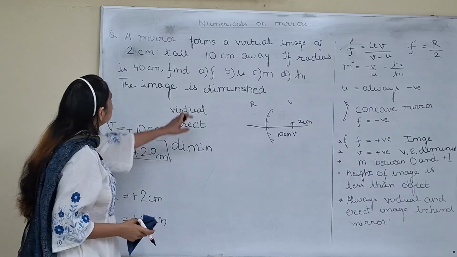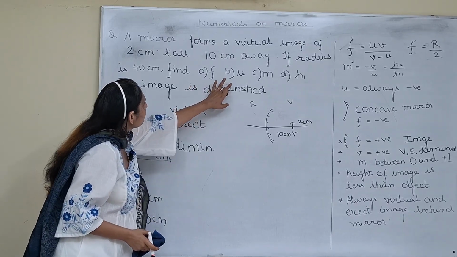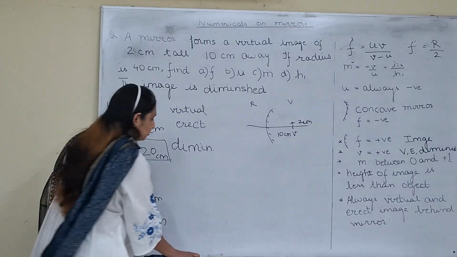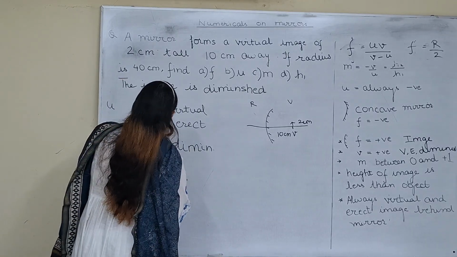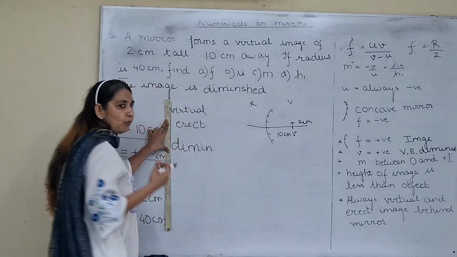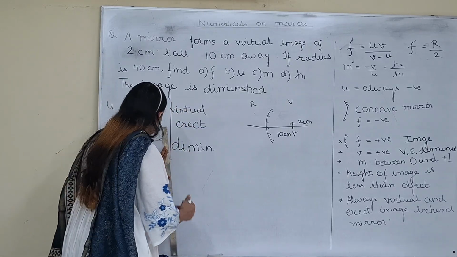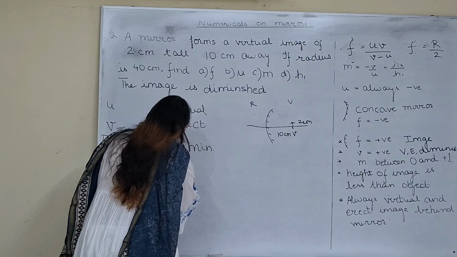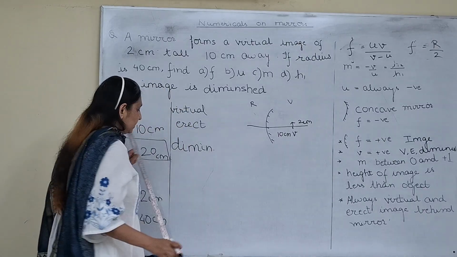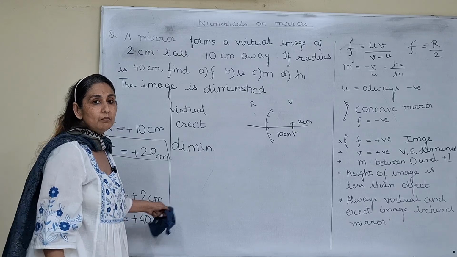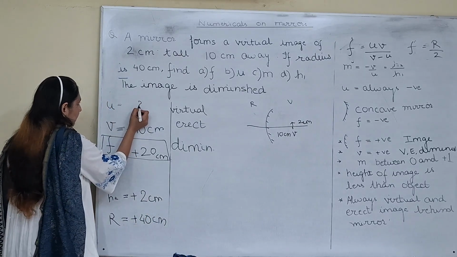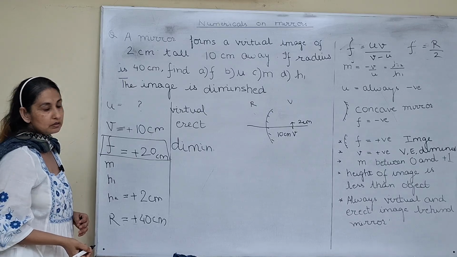Got it? Now what else do we have to find? U. Okay, so let's start using the U. What is the formula? What is U first of all? It's not YOU. U is the distance of object from the mirror. So this is what we have to find next. And which formula will we use?